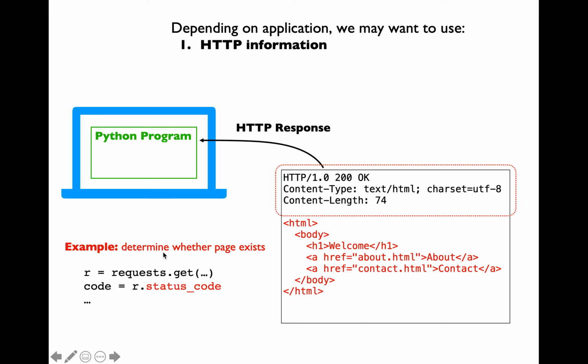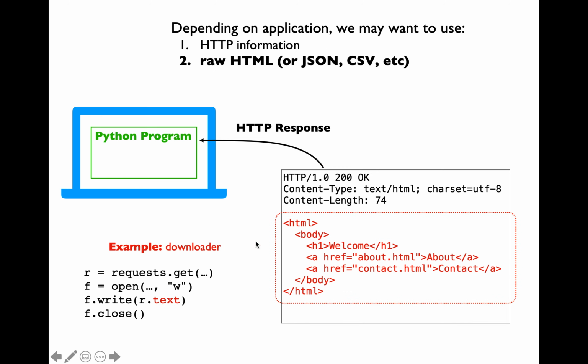You can use the requests module get function to send the HTTP GET request and capture the return value, which is going to be the HTTP response object. Recall that you can extract the status code within the HTTP response header by typing r.status_code. Then you can perform appropriate verification with the status code.